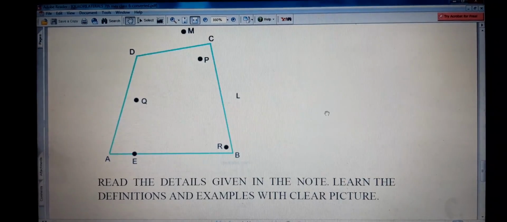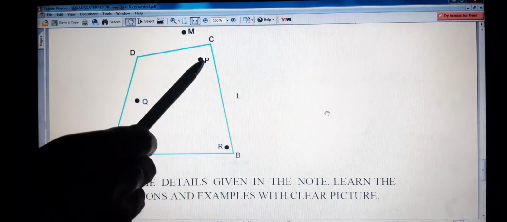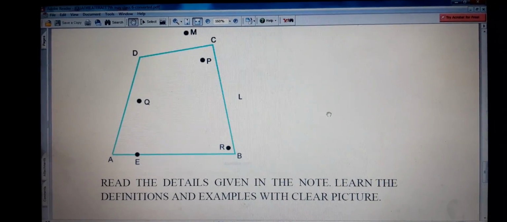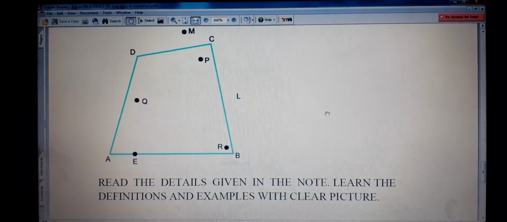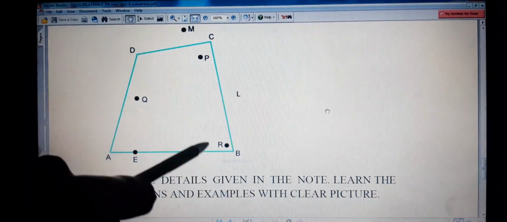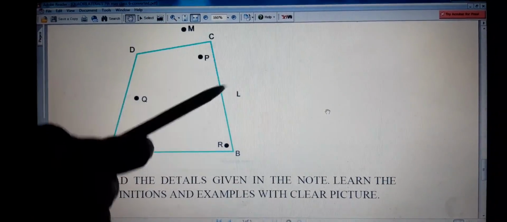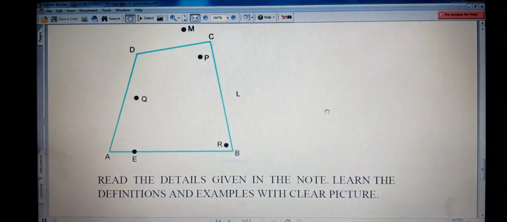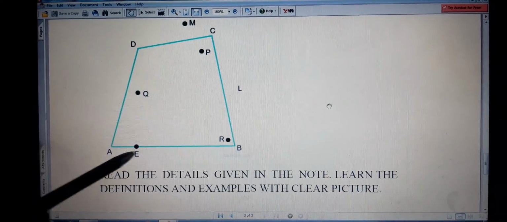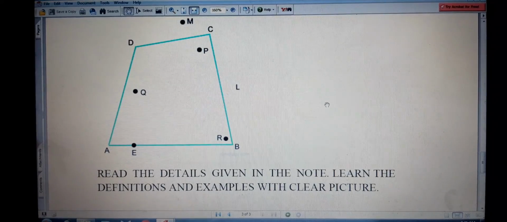You can clearly see three points P, Q, R. These three points are inside the quadrilateral ABCD. But point M and point L are outside the quadrilateral ABCD, and another point E is on the line of the quadrilateral.